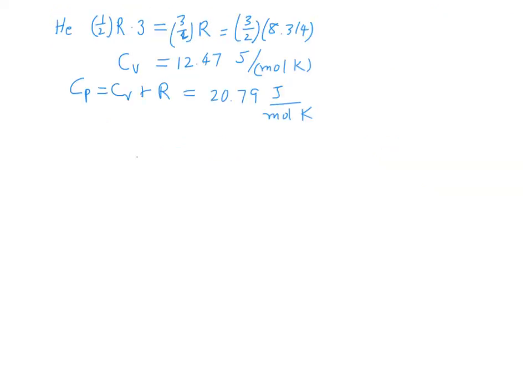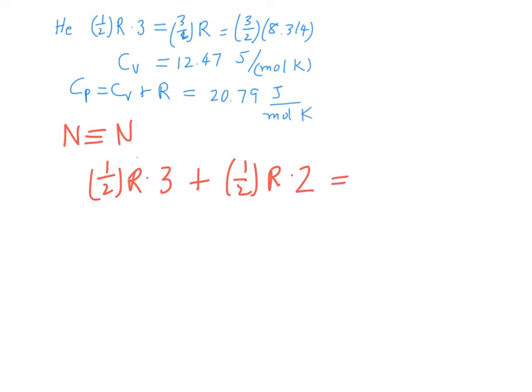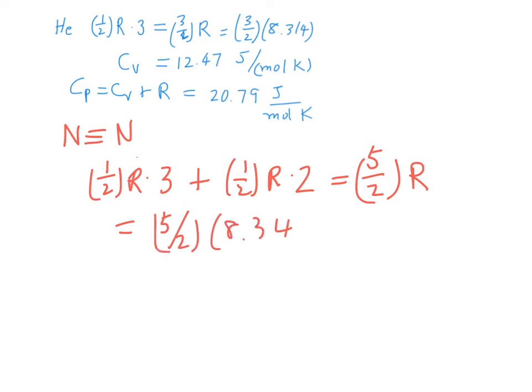Now let us look at the nitrogen. Nitrogen at room temperature has 3 modes of translation plus 2 modes of rotation, which equals 5/2 R, which is 5/2 times 8.314, and that equals 20.79 joule per mole per Kelvin, and this is Cv.